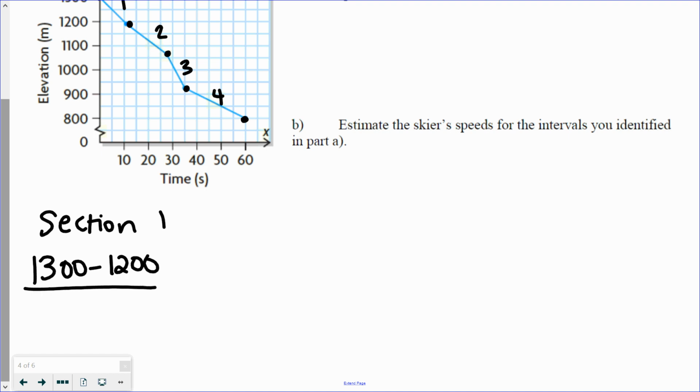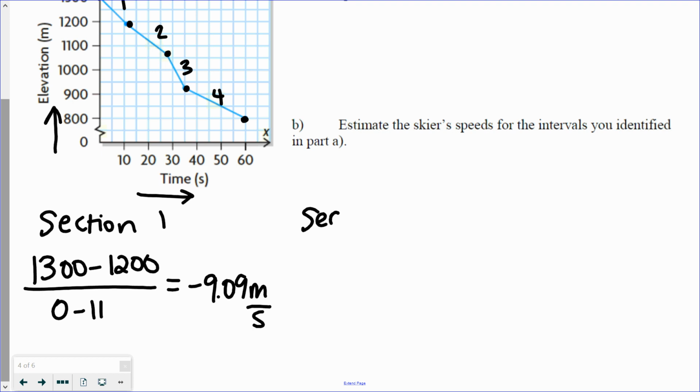And for that 1300, my x value is 0. And I thought it went about 11 seconds. You might have said 10 seconds, so your answer probably is pretty close. So I got negative 9.09. And again, that's in meters per second because your change in y is meters, your change in x is time.